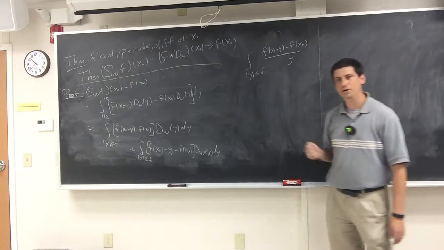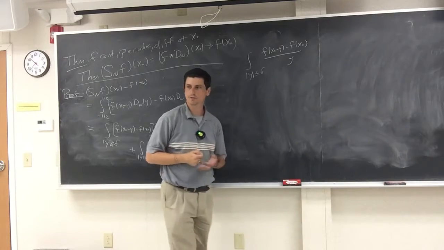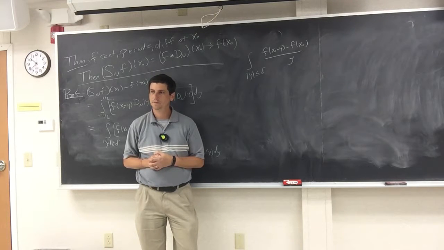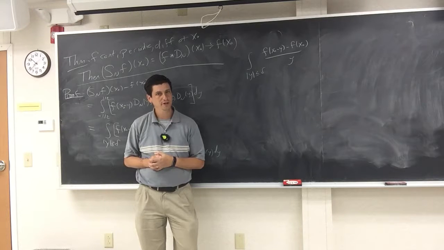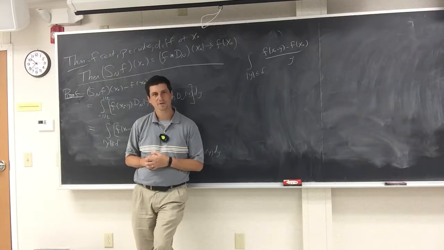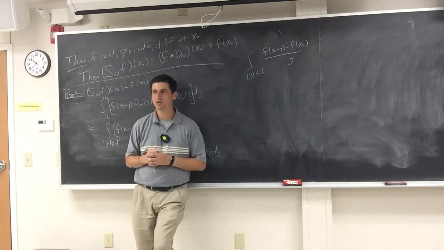Not just the derivative, but what else do you think I should be using at this point in my proof? It's continuous. Periodic. There's something else we might need to use. So in the previous proof I tried to do it in as much generality as possible for all approximations to the identity.